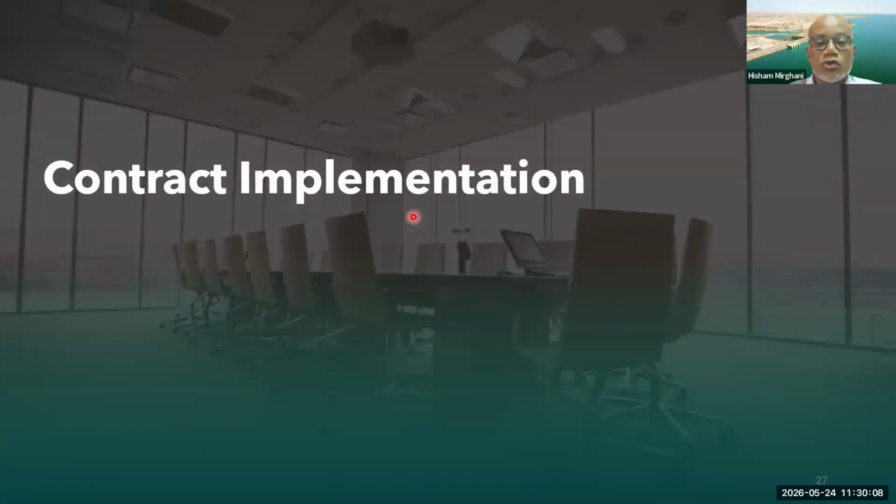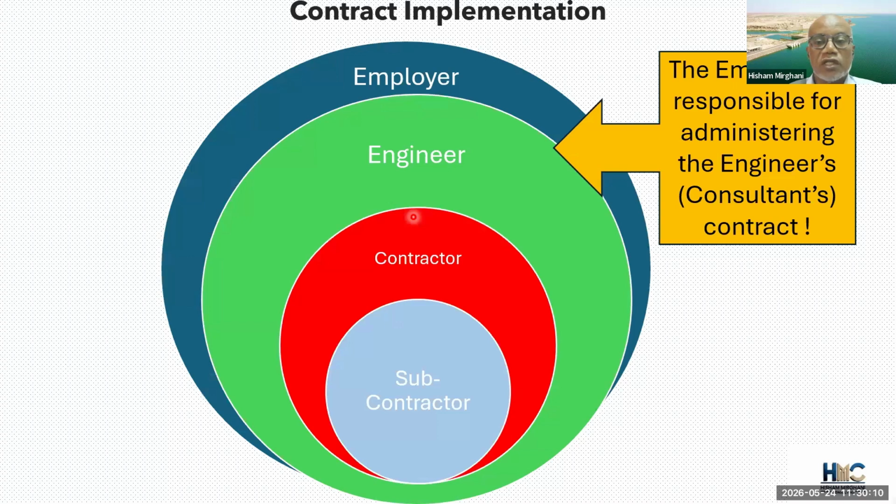Coming now finally to contract implementation, very quickly. Of course, the employer has to administer the engineer's contract, because the engineer would administer the construction contract and the contractor would administer the subcontract. So the employer has to be responsible for administering the engineer's contract.